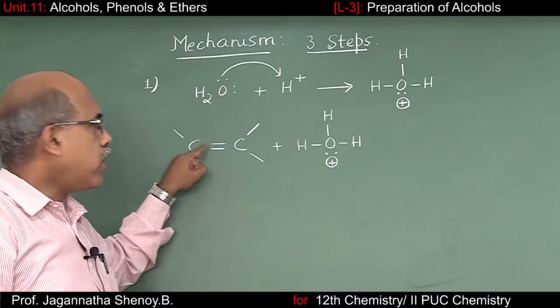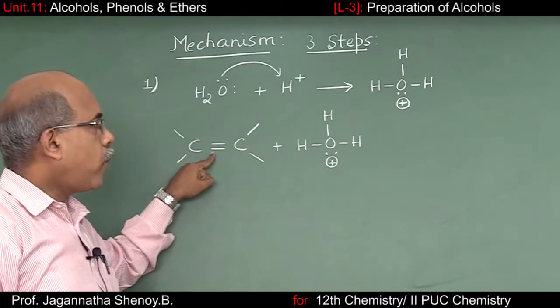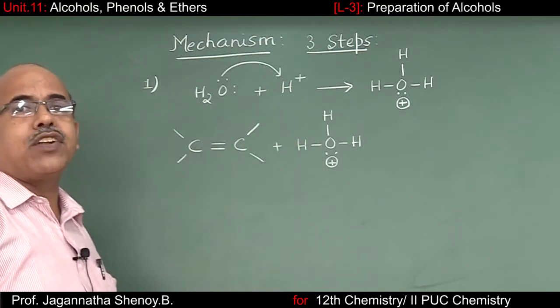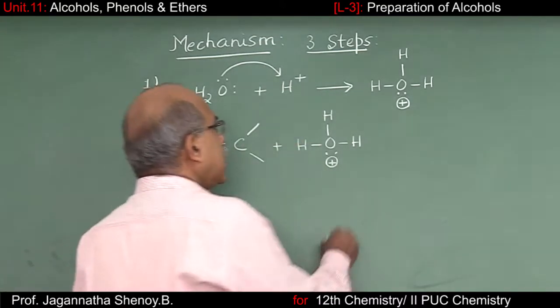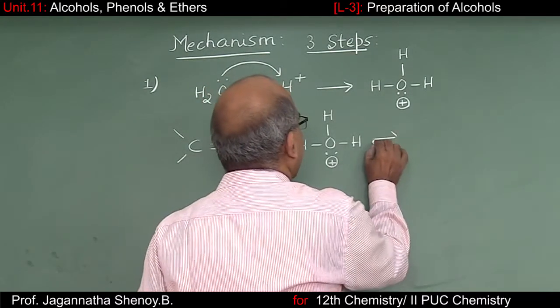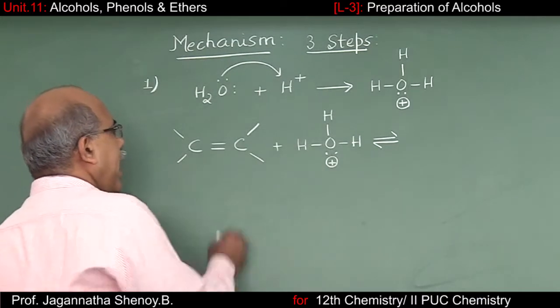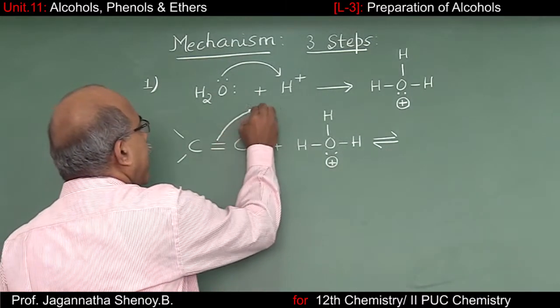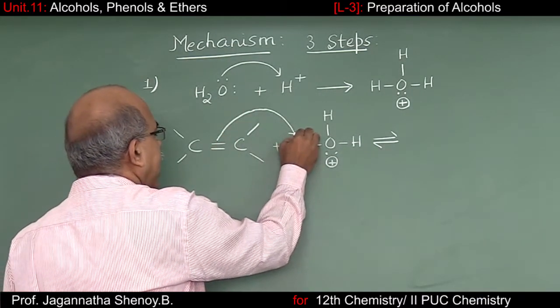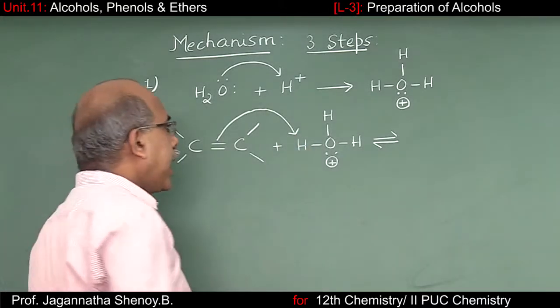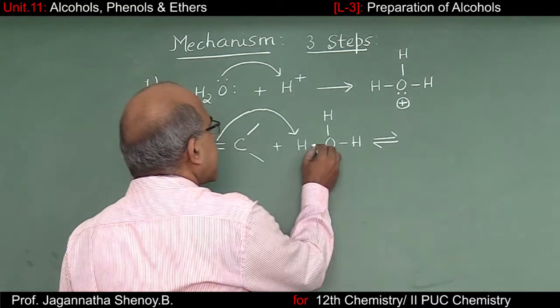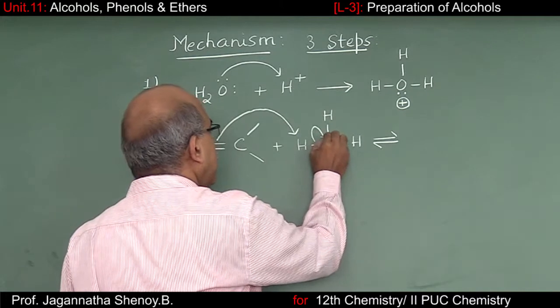This alkene, which is electron rich, will attack on hydronium ion. This particular process is a reversible process. I can represent the attack like this. So the pi electrons will attack hydrogen. In turn, this single bond gets shifted to oxygen.